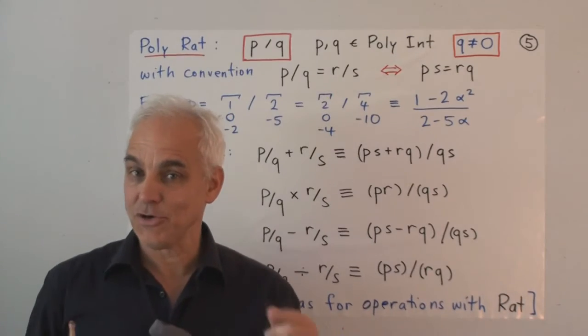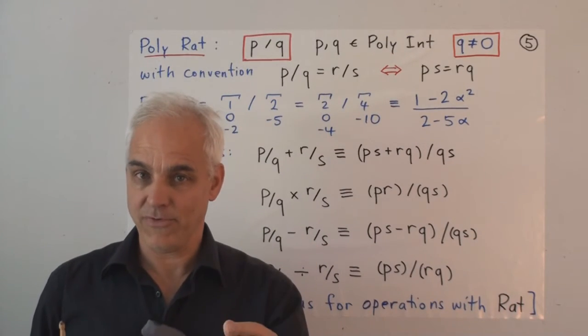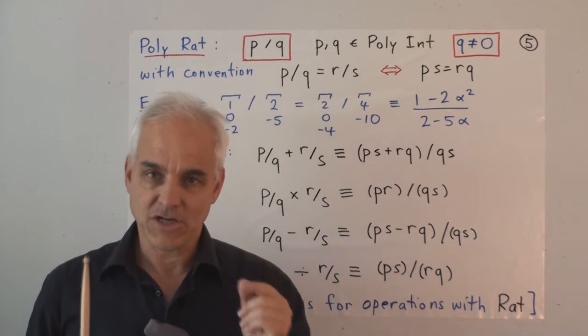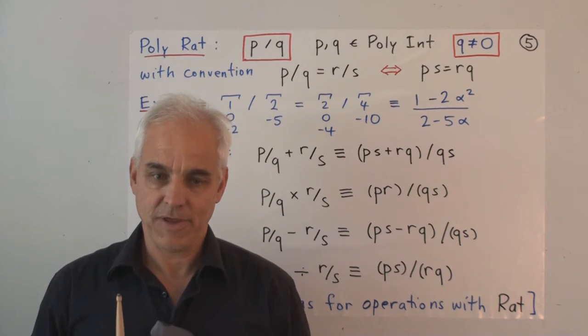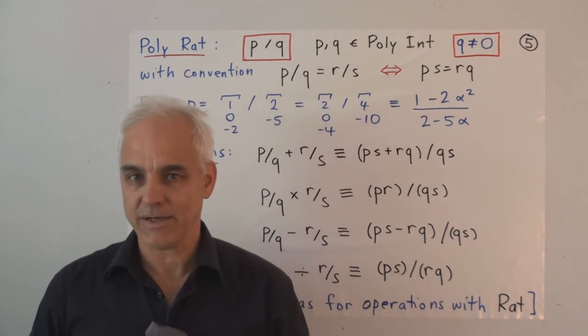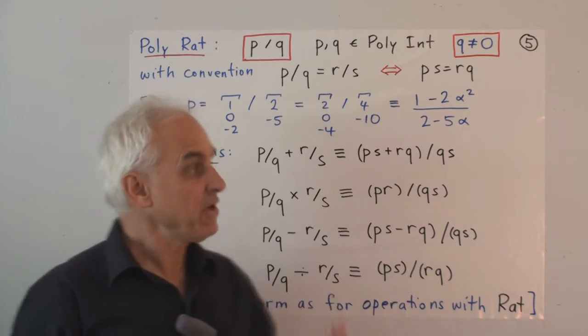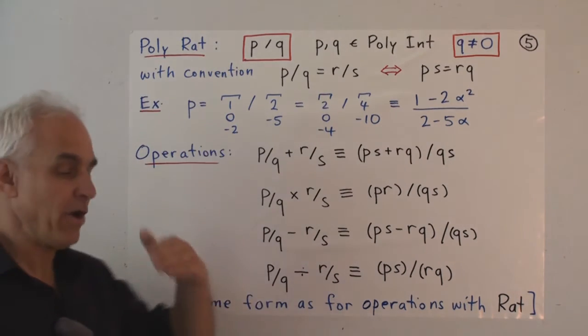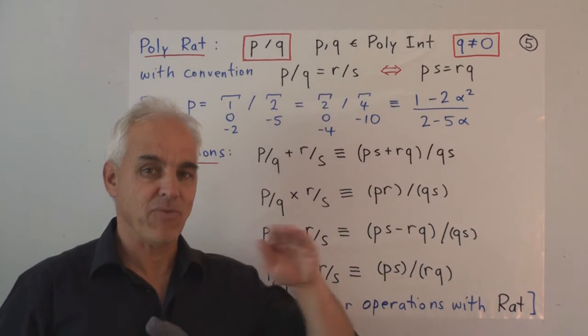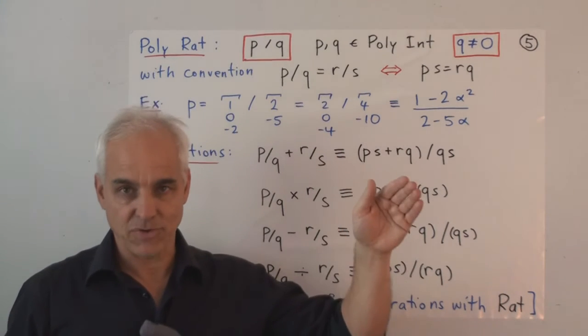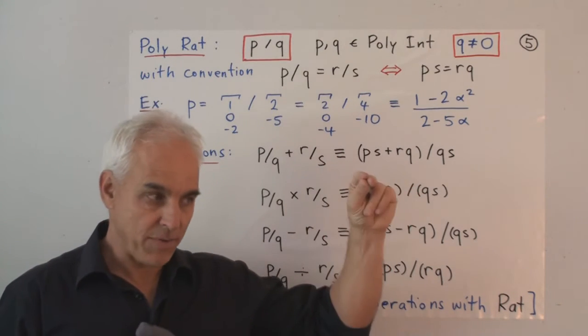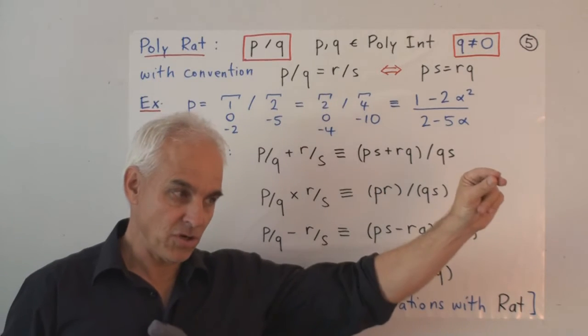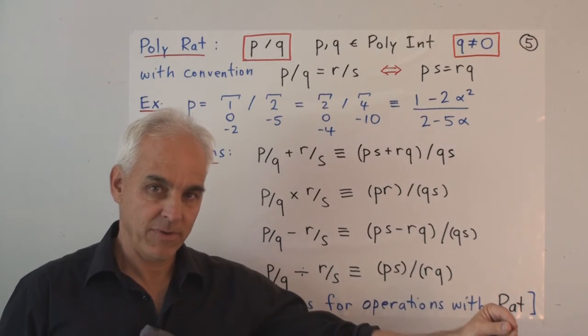So now we get to rational polynumbers. These are going to be very important objects for us. They are very important objects in mathematics. And our definition of them is entirely analogous now to the way we define rational numbers from natural numbers. First we start with natural numbers, then we go to integers, then we go to rational numbers.